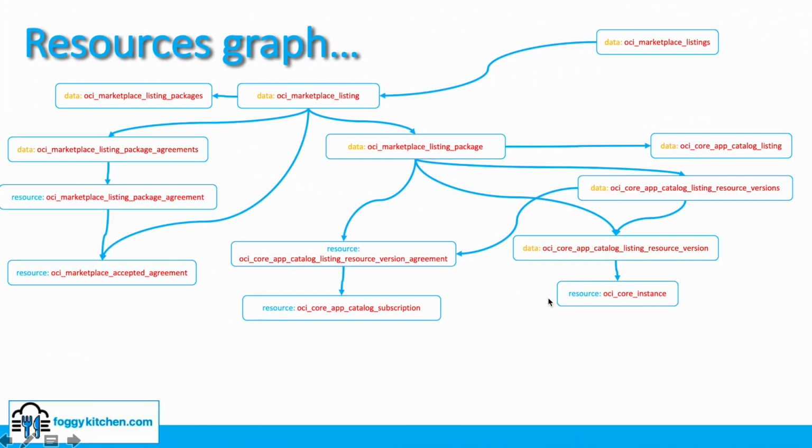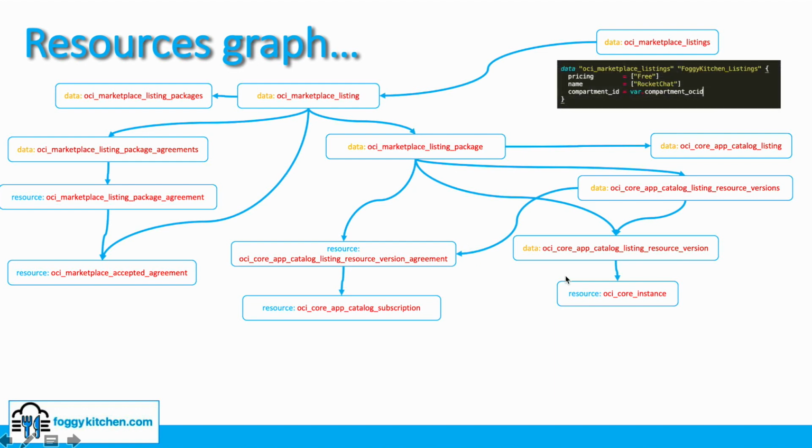Before going to the code for a review, let me show you this resources graph, which is pretty complicated. I don't want to go deep into this dependency, but let me show you something. First of all, you need to understand that for the OCI Marketplace listing, we need to build a filter, right? And this filter will extract RocketChat.